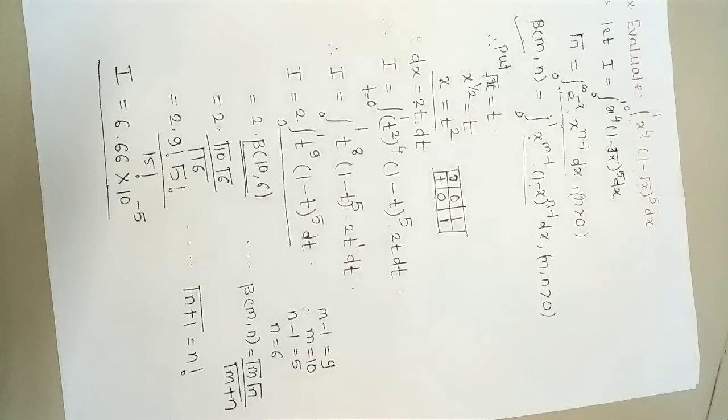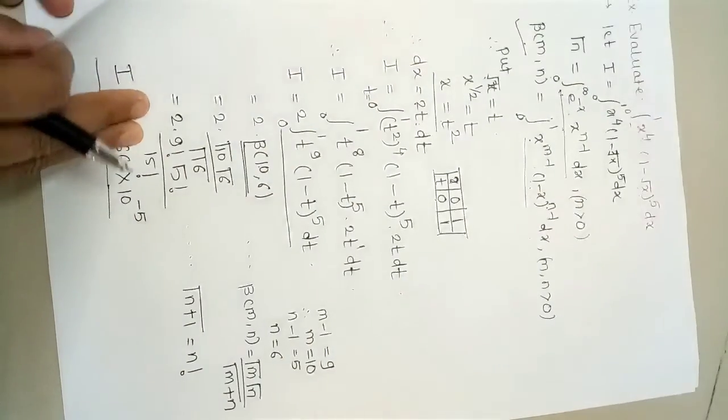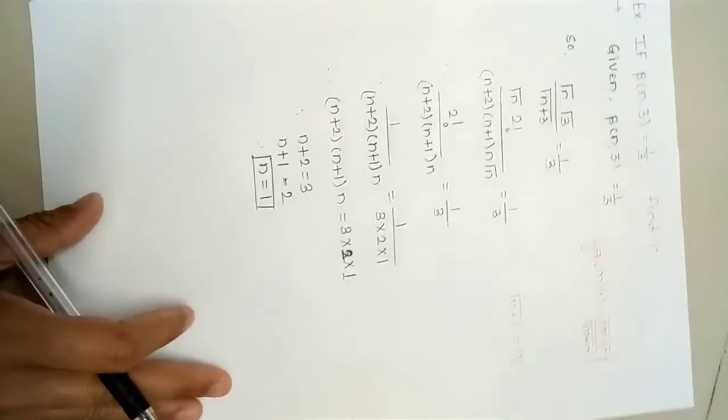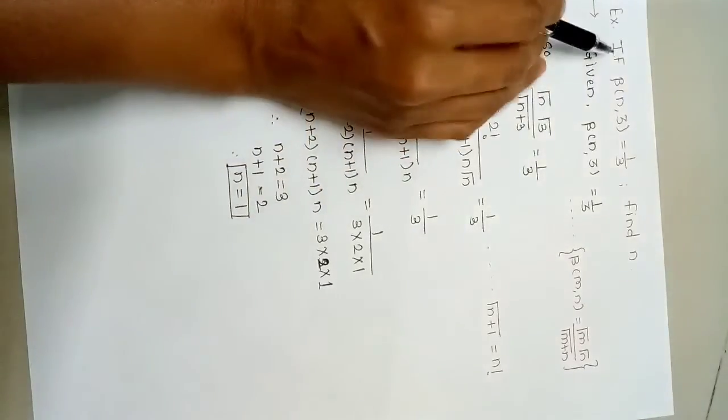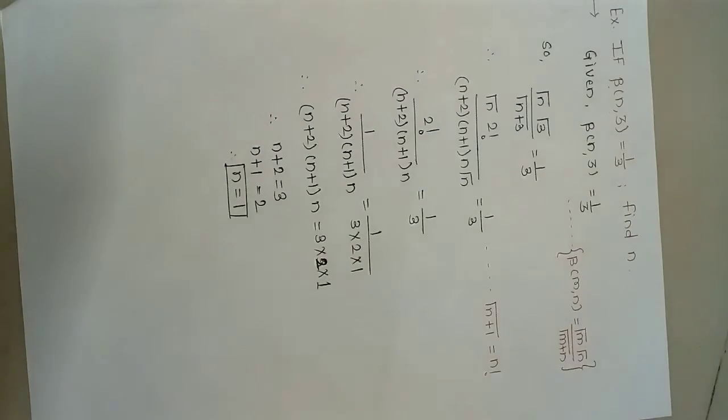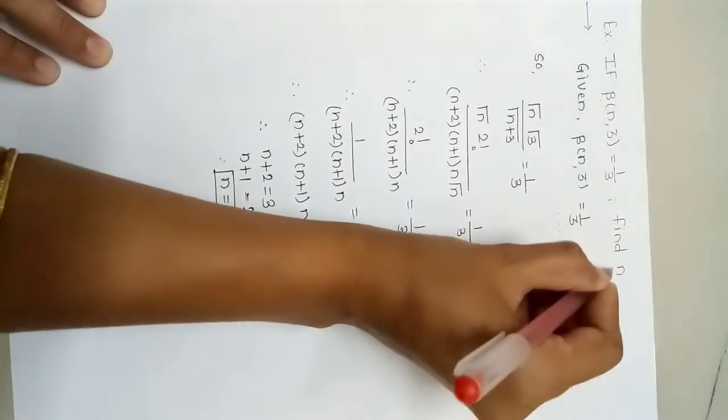Okay, now we have to see the next example based on the relation between beta and gamma function. See, if the beta function of n, 3 is equal to 1 by 3, then find the value of n.